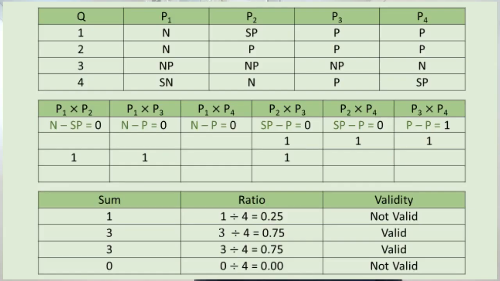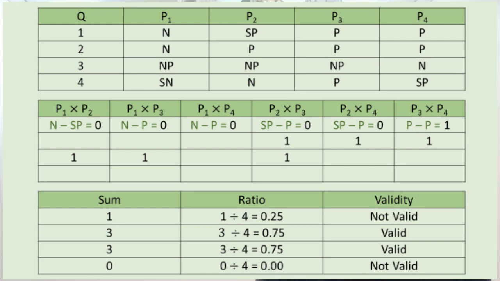So we have there P1, P2, P3, and P4. These are our persons, the persons involved in our dry run. Your dry run could be 3 or more persons.